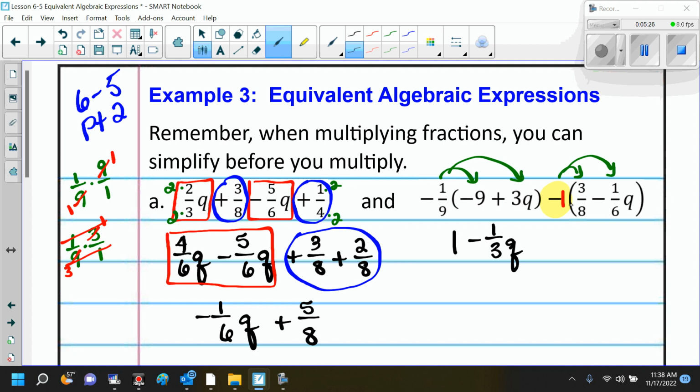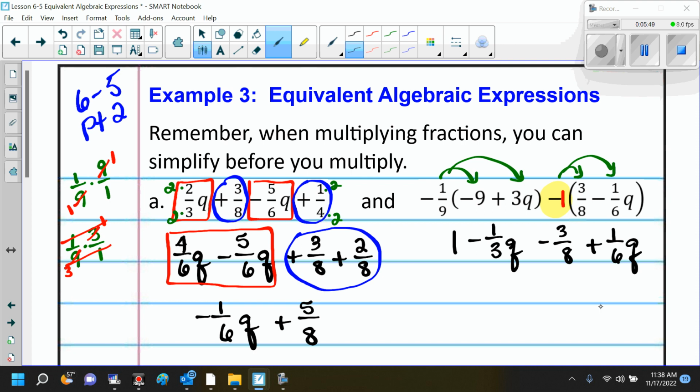So now we're going to distribute this negative 1 throughout the parentheses. So again, when you multiply times negative 1, everything inside the parentheses becomes the opposite. So this positive 3/8 is going to become a negative 3/8. Very good. And this negative 1/6 q is going to become positive 1/6 q.